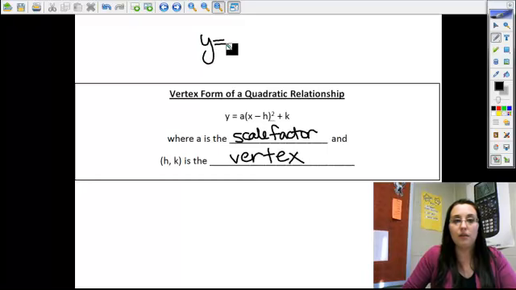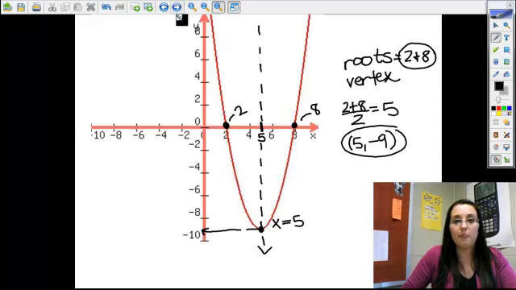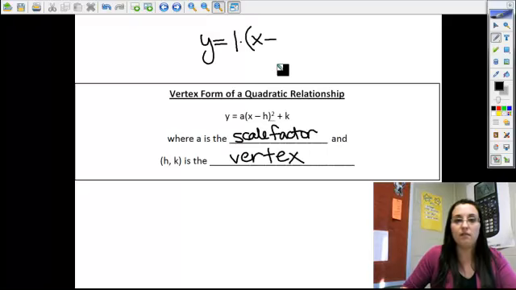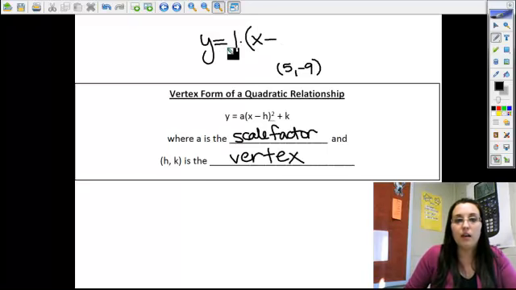So y equals, I'm going to go ahead and put that 1 in there for now, 1 times x minus, and then we're going to do h. Oops, wrong way. So our vertex is (5, negative 9). This is a little bit of a preview. I don't think you're going to have to do this on your homework, but we're just going to show you a little bit. y equals 1 times x minus 5 squared plus k, which is negative 9.